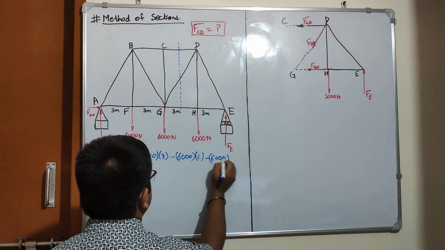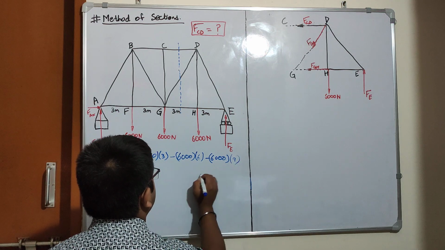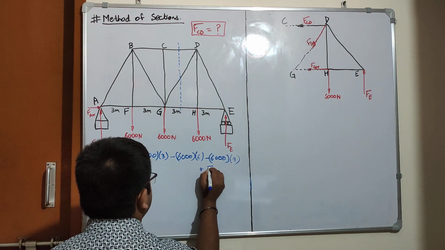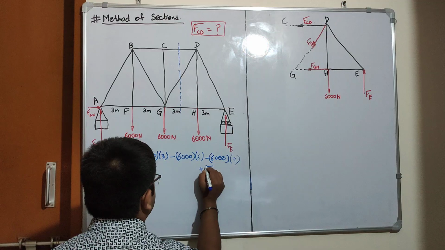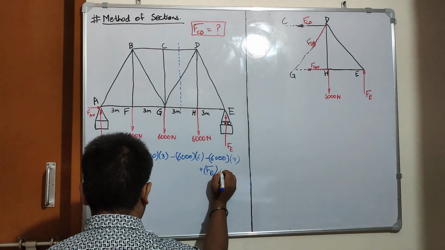This is 6 and this is 9, and we have a plus of Fe cross 12.